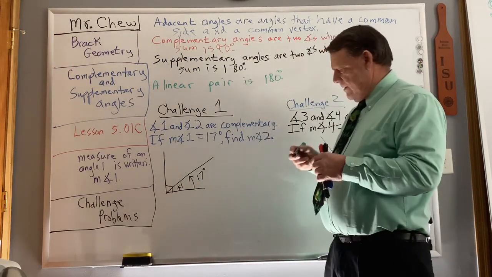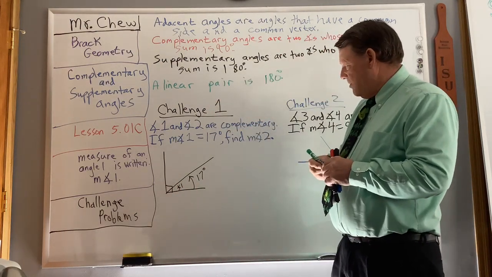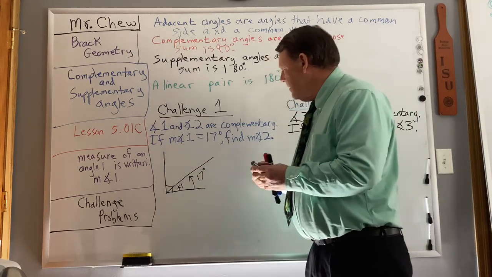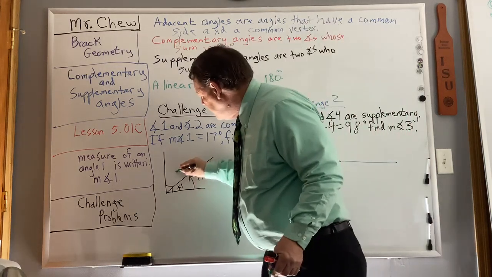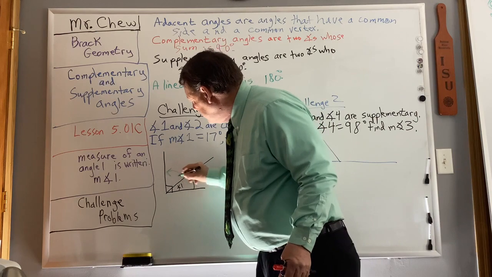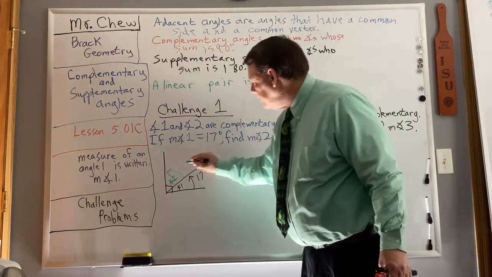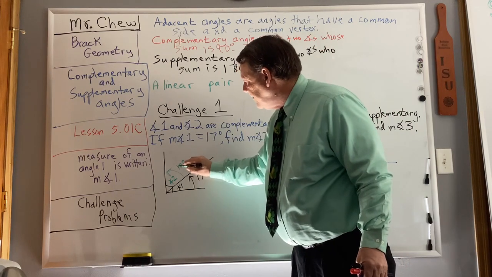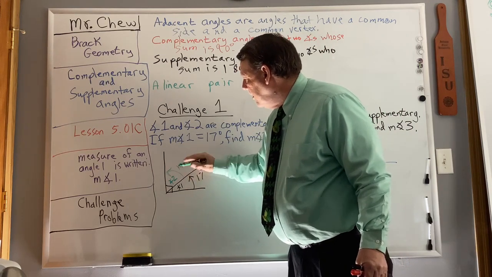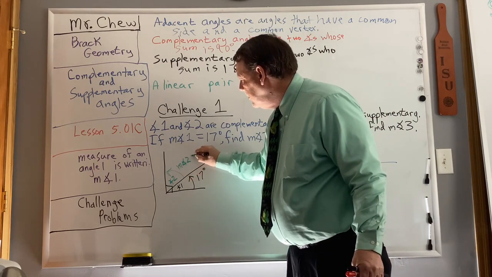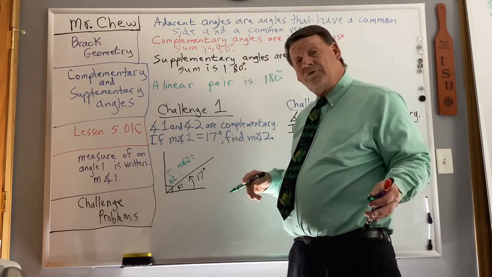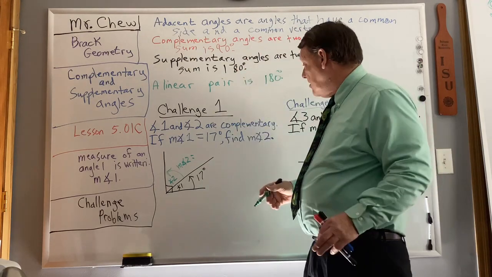Right there's angle 1. It's asking you to find angle 2. So this degree measure here is angle 2, and we want to find out what it equals. So our job is to find the measure of angle 2 by using algebra and substitution and solving.